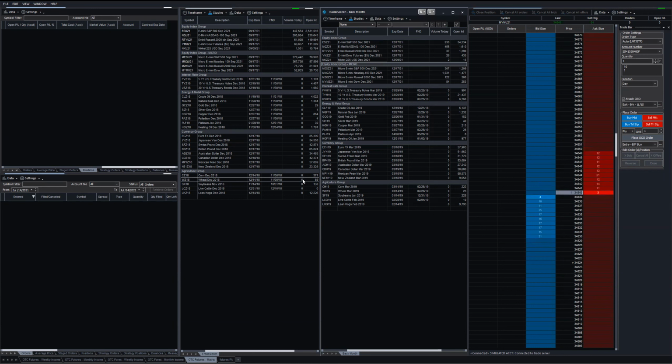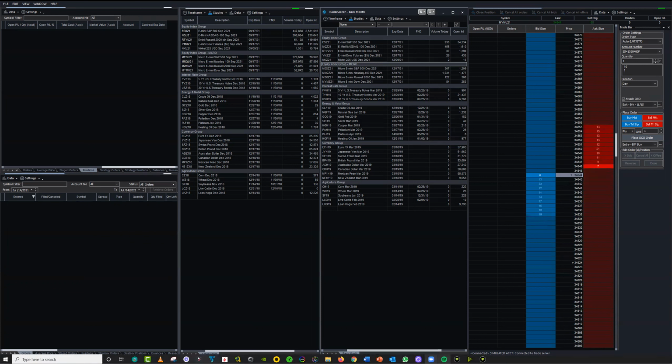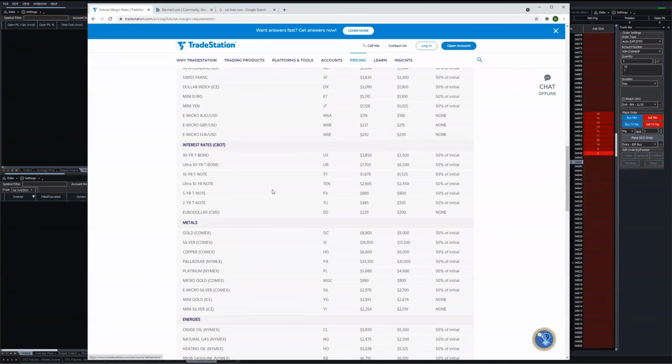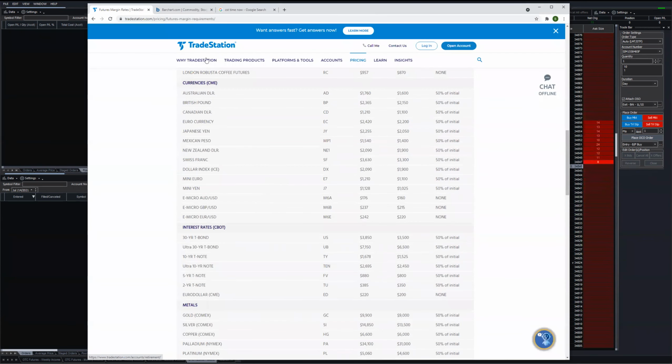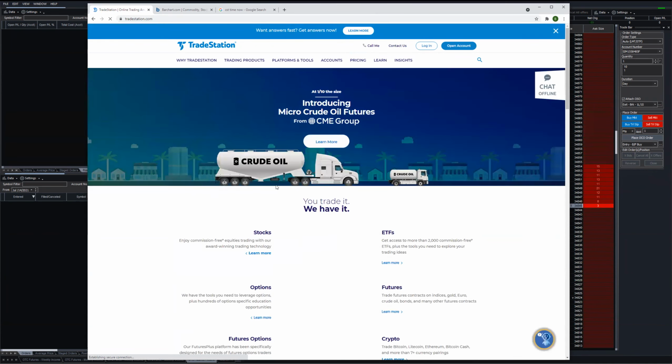Continue with the interest rate group. Let me go here to the TradeStation website, by the way, let me go to the starting page. I just saw today that they're advertising something brand new.